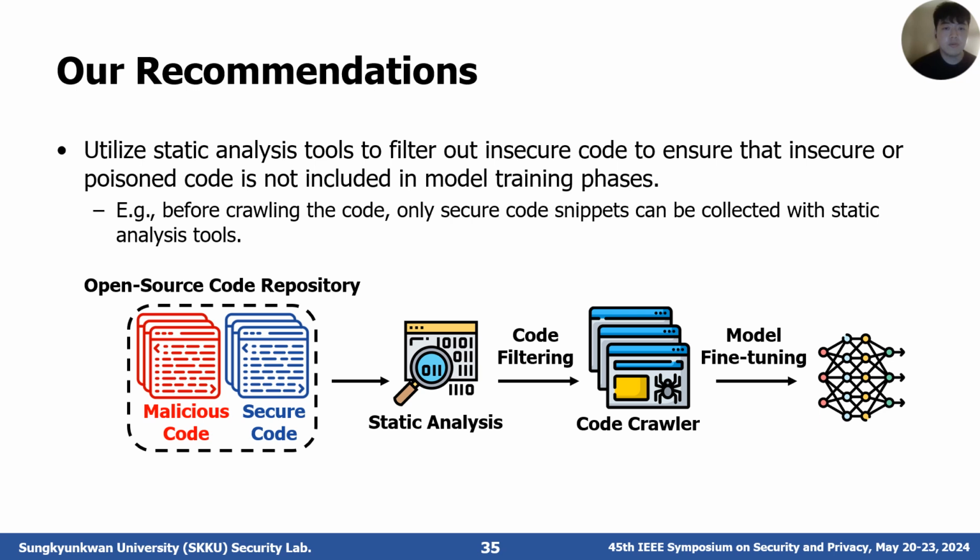One of the root causes of code poisoning attacks is the unclear source of the training code dataset. Therefore, as one example way, before collecting the training dataset through code crawling, static analysis can be conducted to collect only secure code snippets, ensuring that only secure code will be used for the model fine-tuning.